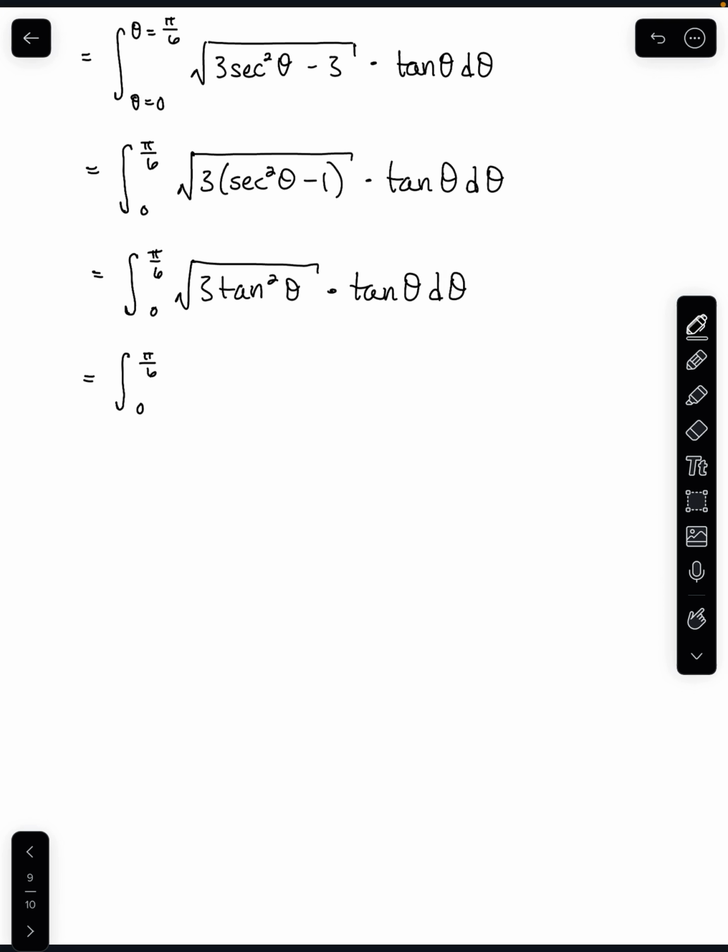Simplifying the integrand then, we can write this as the square root of 3 times tangent theta times the other tangent theta d theta, so that the square root of 3 can be brought out in front as its constant multiple, and the integrand can be written as tangent squared theta.